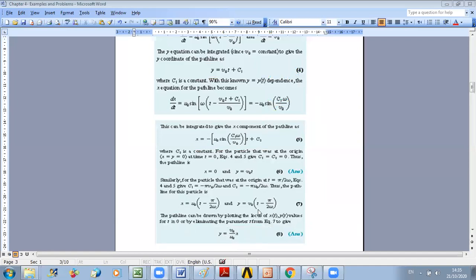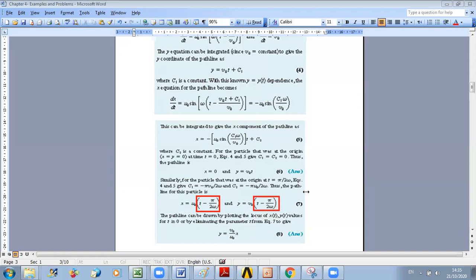Okay, so by just eliminating here, if you want, you also have a simpler technique, because if you look at your expressions, the term t minus pi over 2 omega, you have it in both equations. So here, an easier way to eliminate t is to say that this number, t minus pi over 2 omega, you can replace by x over u0 or by y over v0. So here, because it's simple, no need to do the substitution.